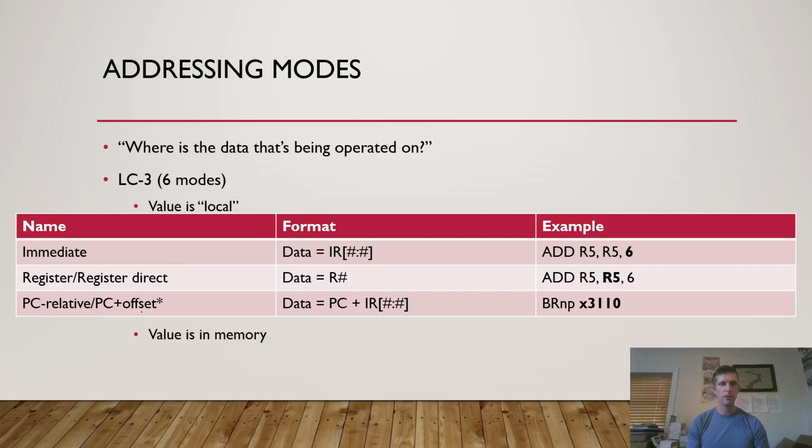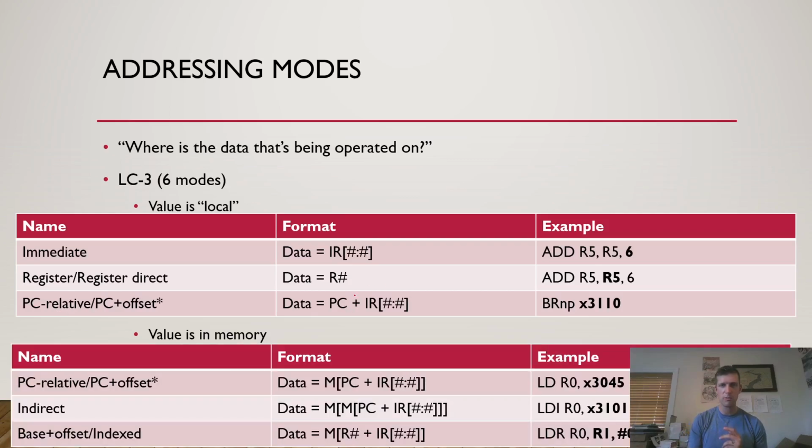The addressing mode that I think the book doesn't quite recognize is this one here, PC relative, which it does talk about, but in terms of the load instruction. So let me put this one on hold. We'll jump down here. We have a couple of different ways we can find values in memory. The book will tell you the very first one is PC relative, meaning we take some value in the instruction, add it to the program counter, and that forms the address of the piece of data that we want.